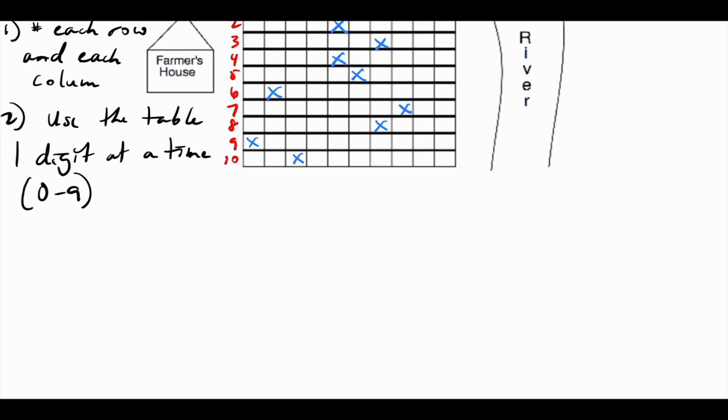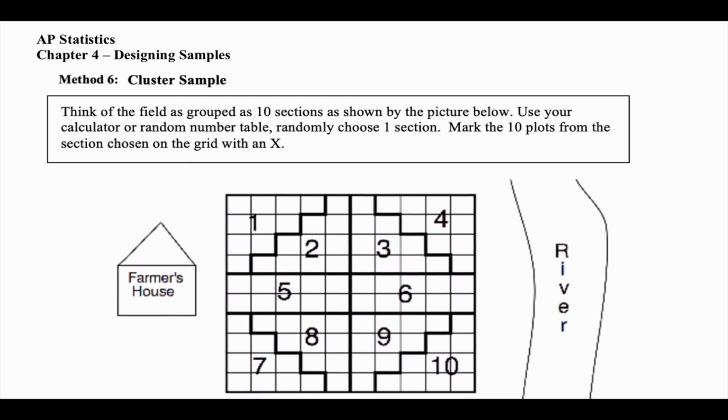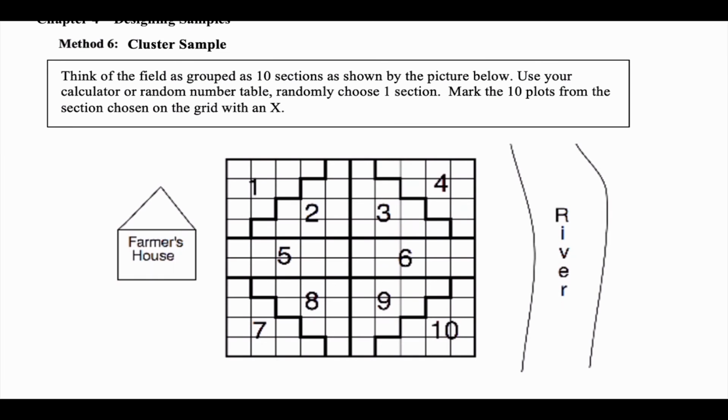Okay? All right. The next one is cluster sampling. Okay? They're already broken up into clusters for you. There's 10 clusters. Think of the field as grouped as 10 sections, as shown in the picture below.